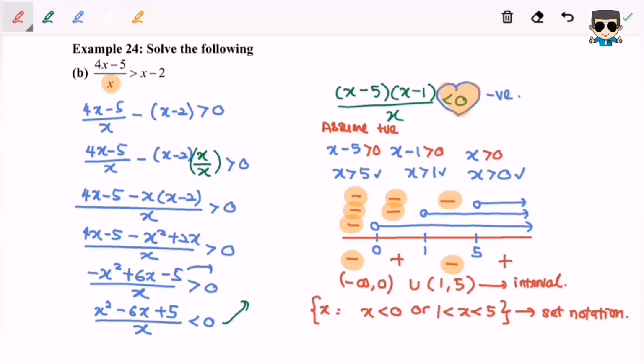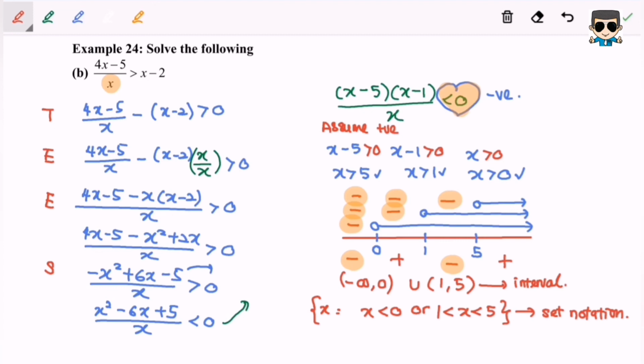So as a summary, step number 1, I'm transferring the variable from the right to the left so that the right hand side is equals to 0. Step number 2, equate the denominator. Step number 3, expand the situation. Step number 4, simplify the situation.